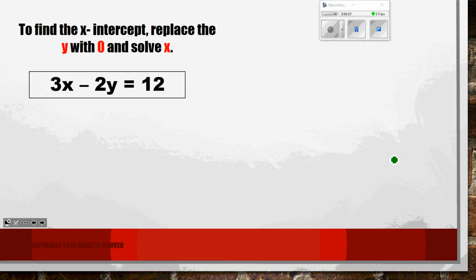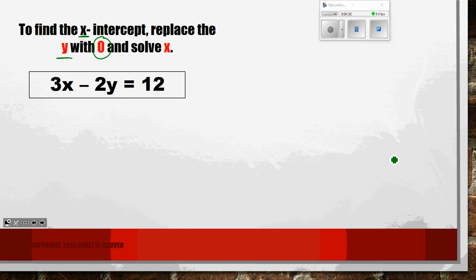Let's see how this works mathematically. Now this particular equation is in what we call standard form. When the equation is written in standard form, we can look up here and know that this is a linear equation by what we learned in yesterday's lesson. If it's in standard form, it becomes very easy. So to find the x-intercept, we want the y to be 0.